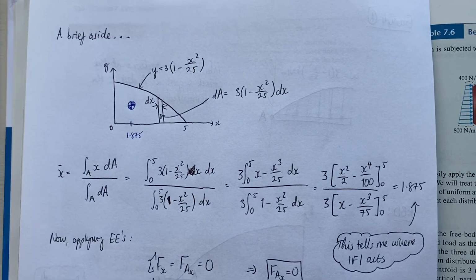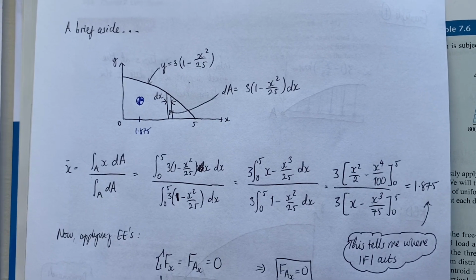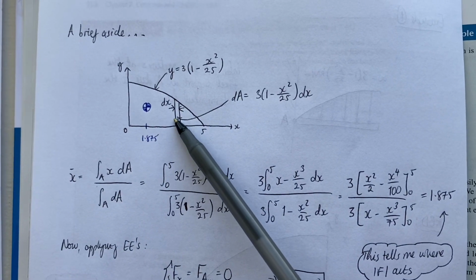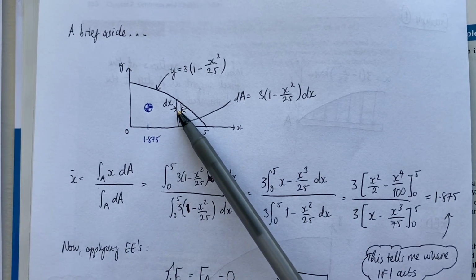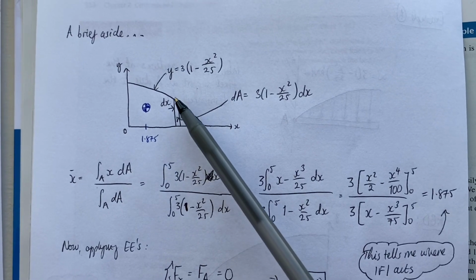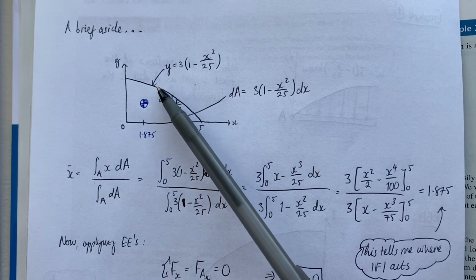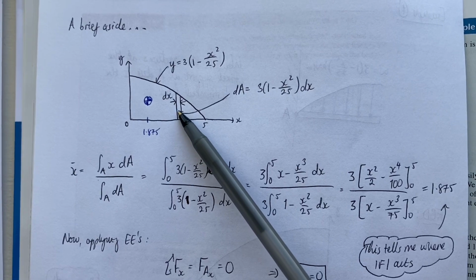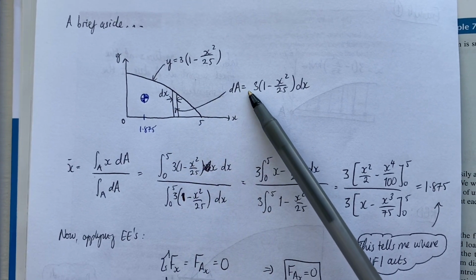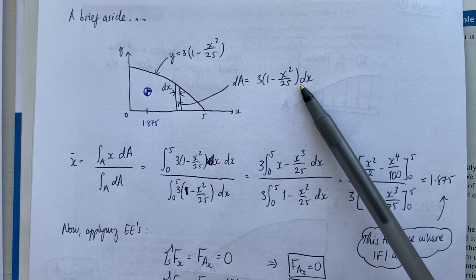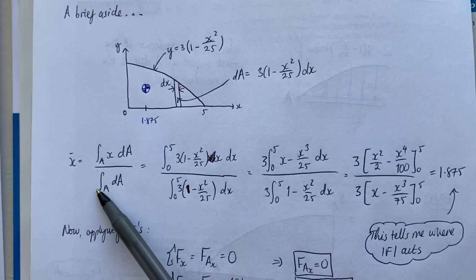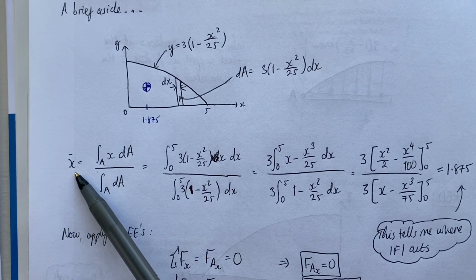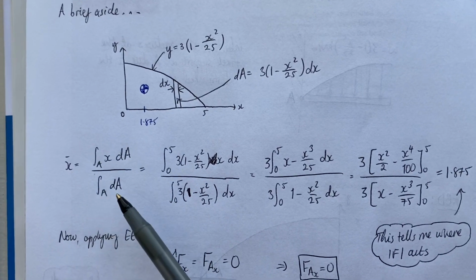If we use the techniques from the previous class, we split up this distributed load into strips of width dx, with the height of these strips described by the equation of this curve. We find the areas of the strips dA as the height multiplied by the width, and therefore I can apply this equation, which finds the x-coordinate of the centroid by evaluating this integral expression.